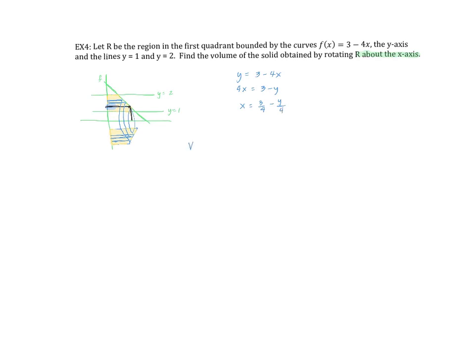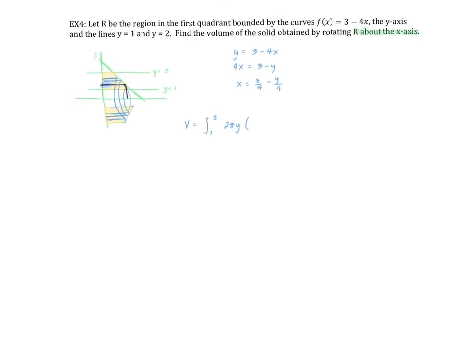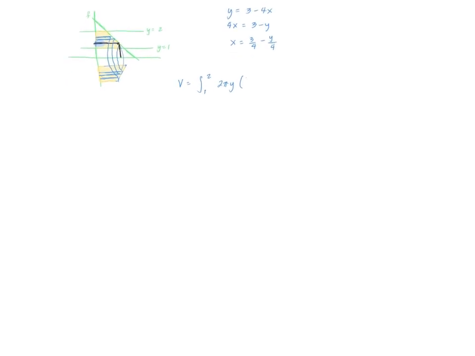So our volume from y is equal to 1 to y is equal to 2 pi y, and then we have 3/4 minus y over 4 dy.